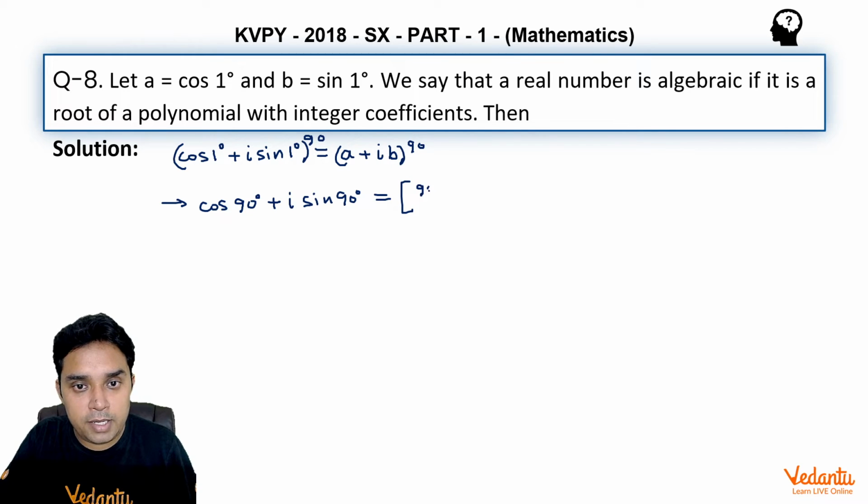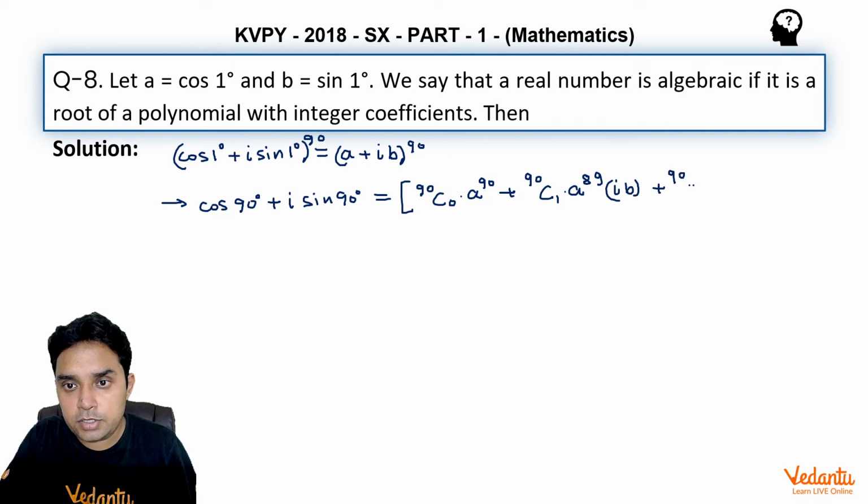So it will be 90C0 into A power 90 plus 90C1 A power 89 iota B plus 90C2 A power 88 iota B whole square and so on.